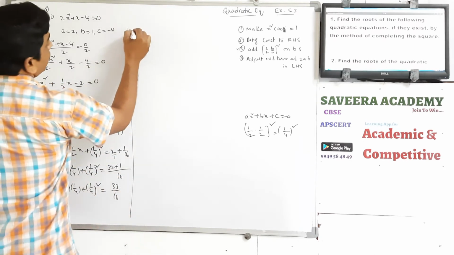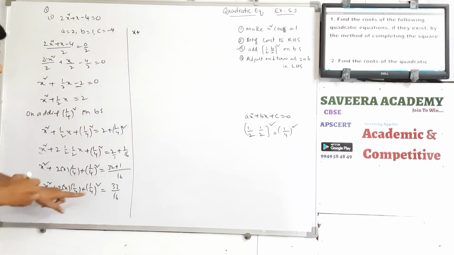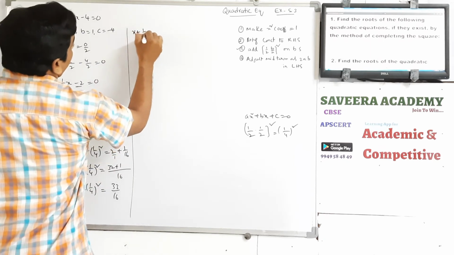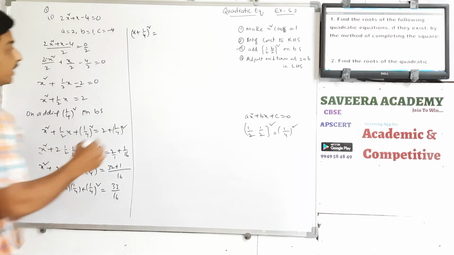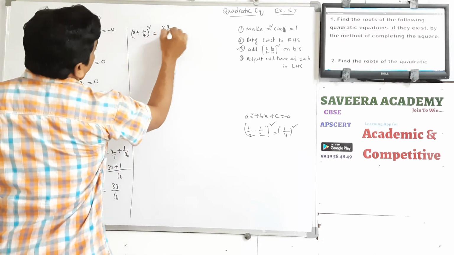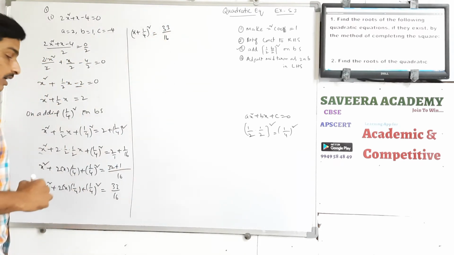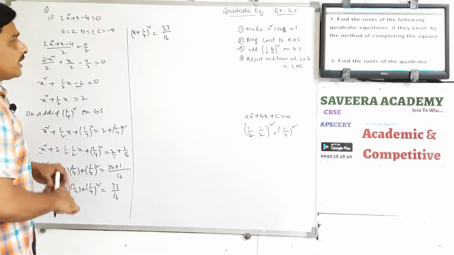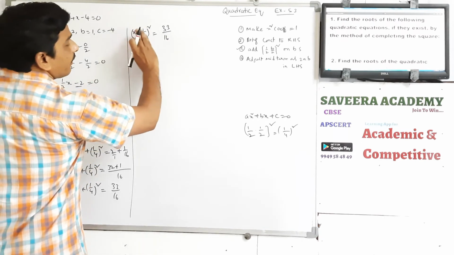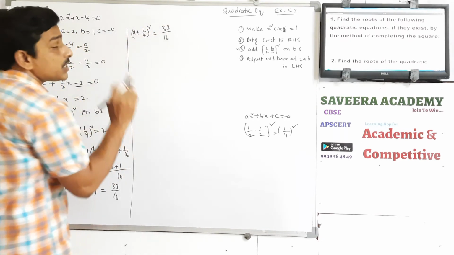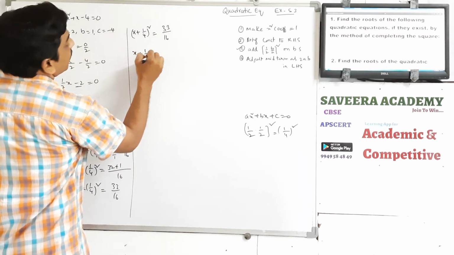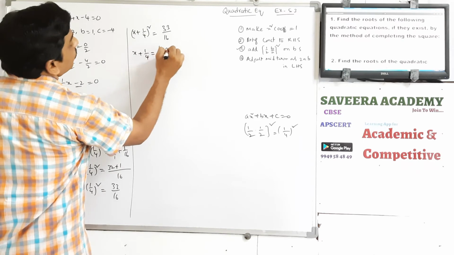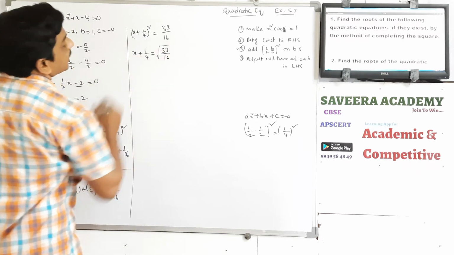A value x plus b value 1 by 4, whole square, is equal to 33 by 16. Now whenever you remove the square, it will become a square root on the right side. So x plus 1 by 4 is equal to root of 33 by 16.